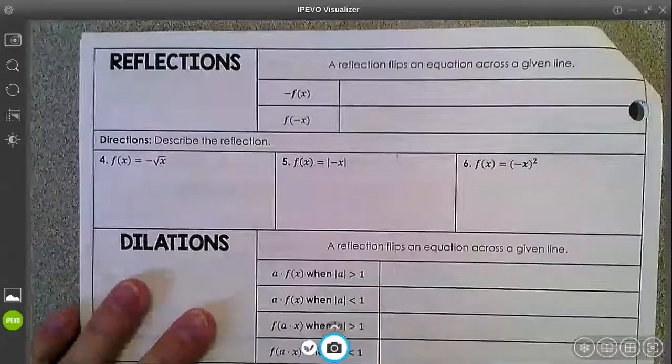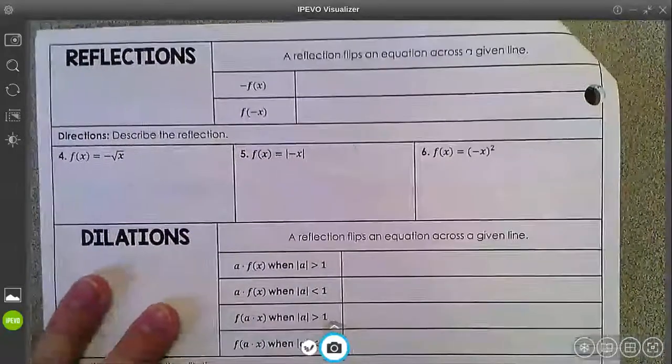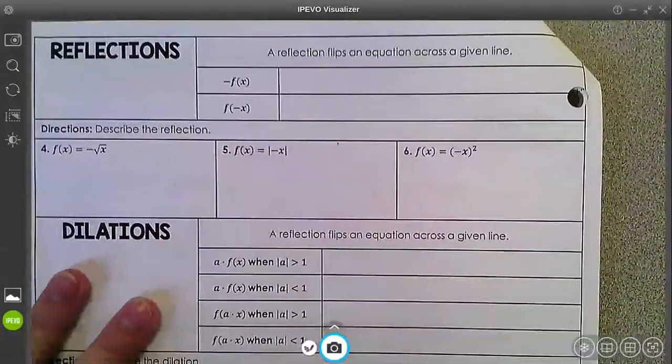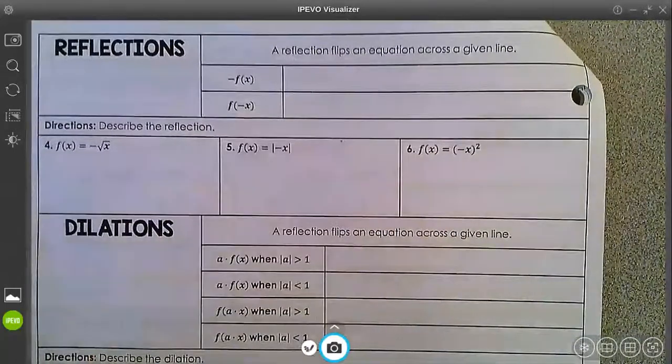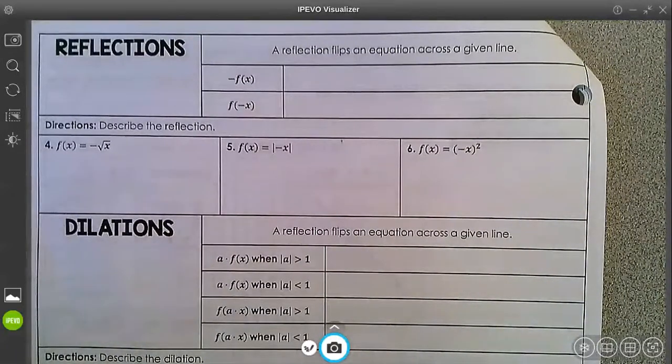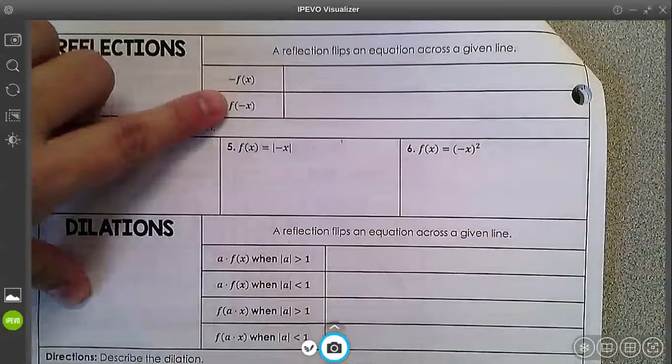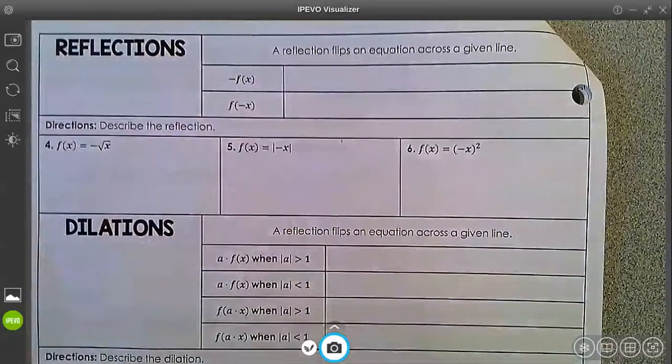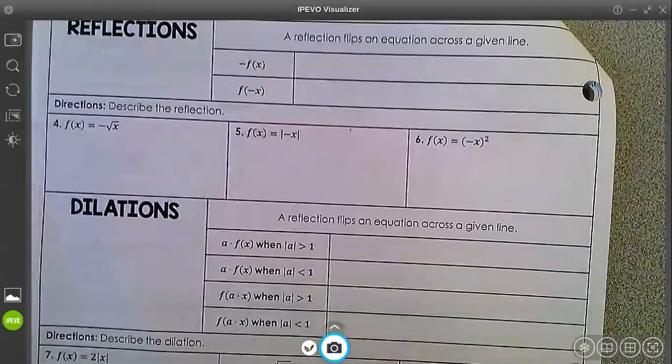We're going to do a reflection. So a reflection flips an equation or a function across a line. The only two that we're going to look at are across the x-axis and the y-axis. So this will happen when there's a negative number, like a negative in front of the x.